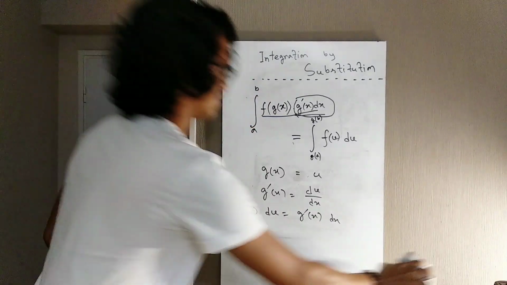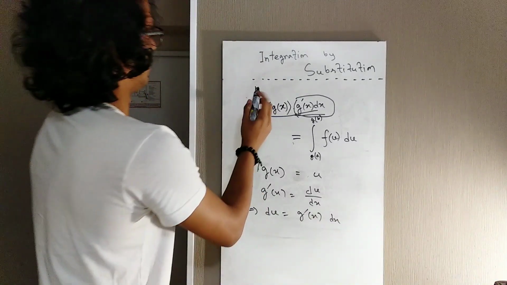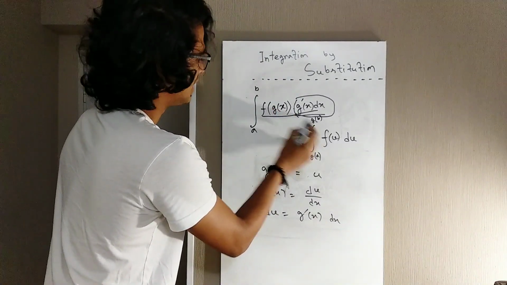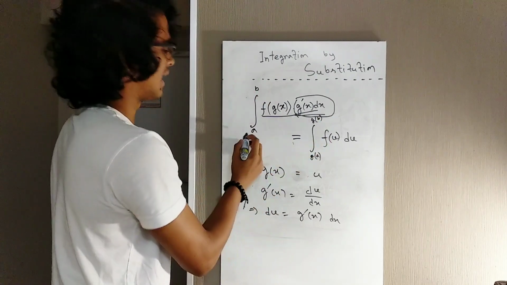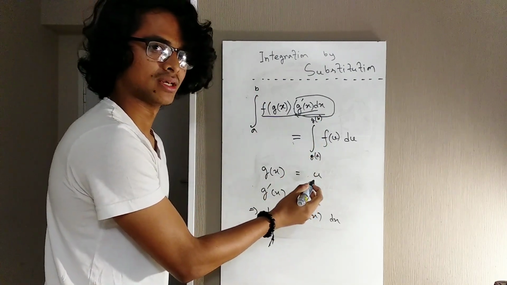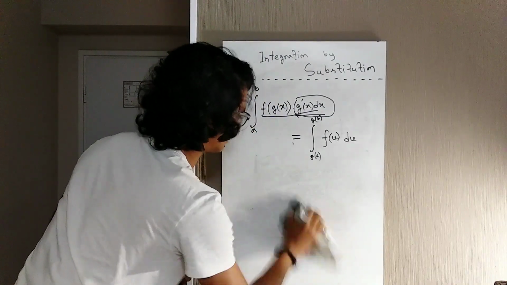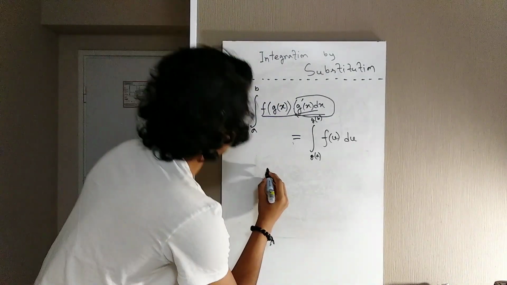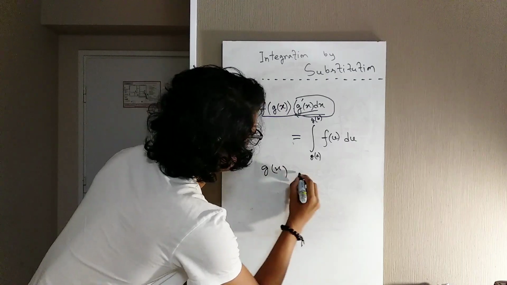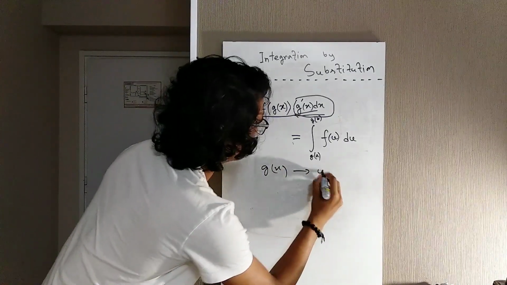Another thing that we did is that we substituted b with g of b and a with g of a. So let me write down all the substitutions that we did here in the theorem. We are substituting g x with u.